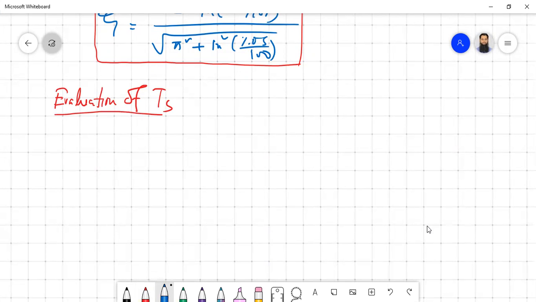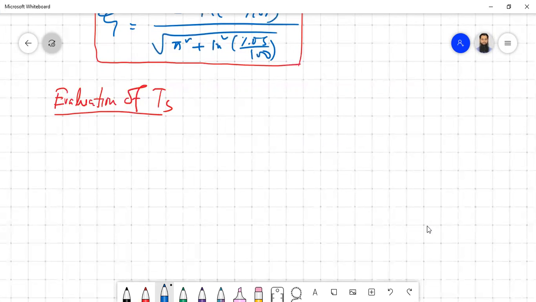Okay, so what is settling time? It says the response should enter within plus minus 2% of your final value, and it should not leave that boundary of plus minus 2%.